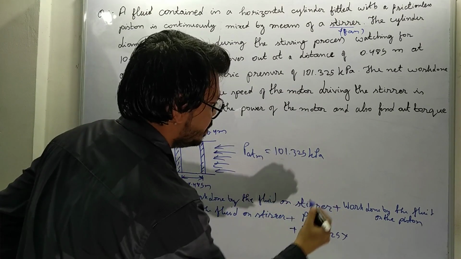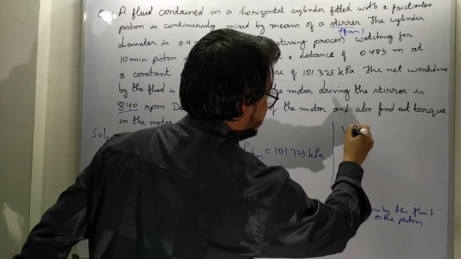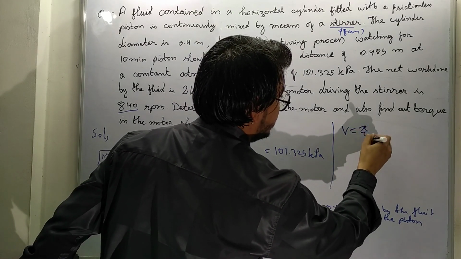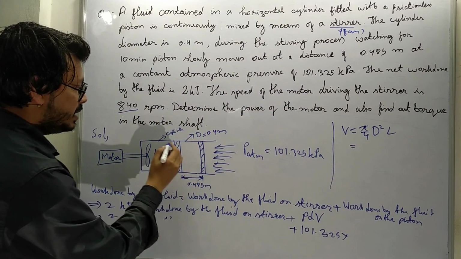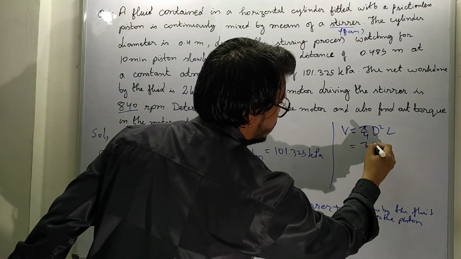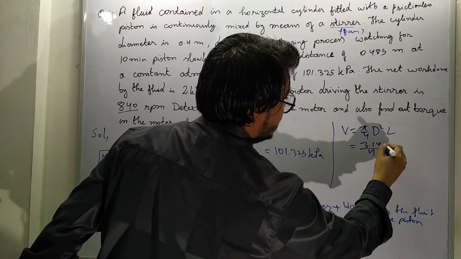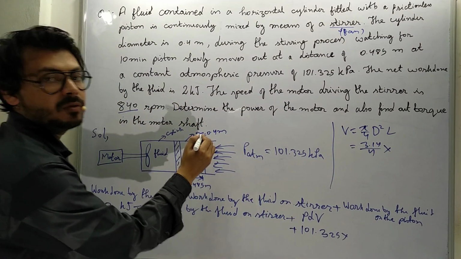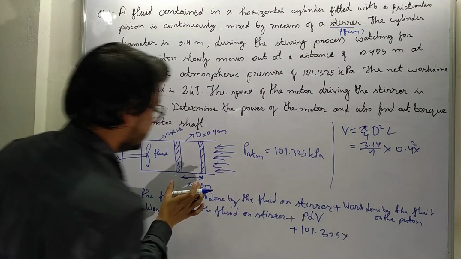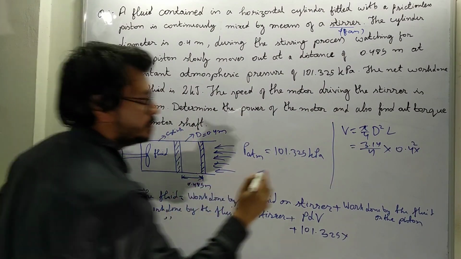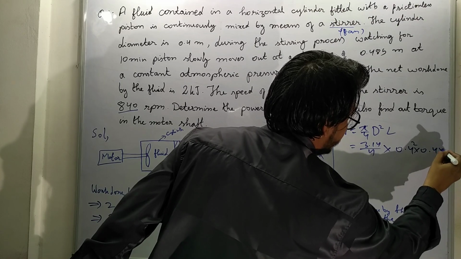So from here we can calculate the volume. V is equal to pi by 4 d square into length. We have the value of pi 3.14 by 4 into d, which is 0.4, square, into length, 0.485.